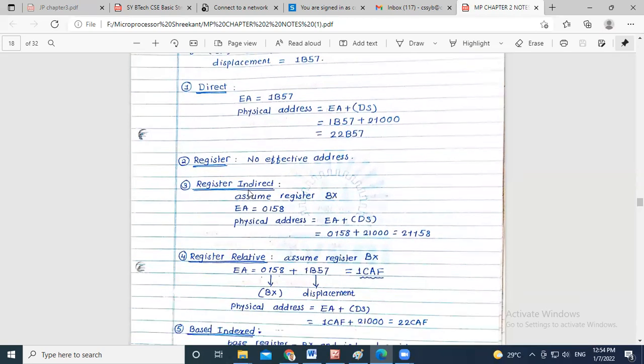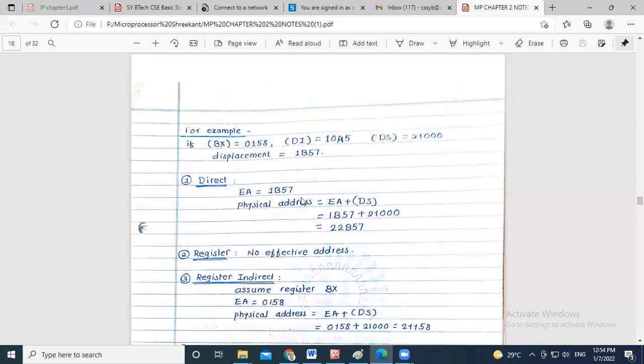Next, I will move to register indirect addressing. In the register indirect addressing mode, we assume the register is BX, or any register you take according to your convenience. But here BX is given, so I take the BX register, and the effective address is 0158, directly the effective address.